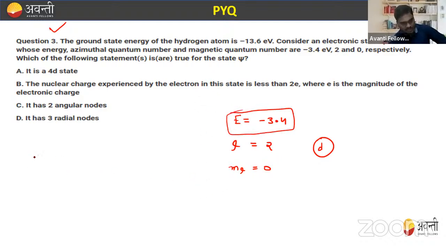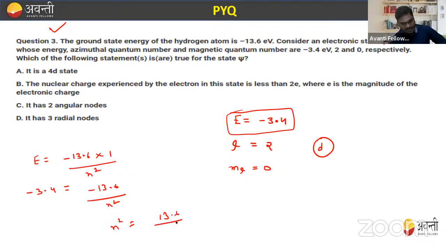So we know the formula: energy is equal to minus 13.6 times Z square upon n square. The energy given is minus 3.4, so n square is equal to 13.6 divided by 3.4, which comes out to be 4.